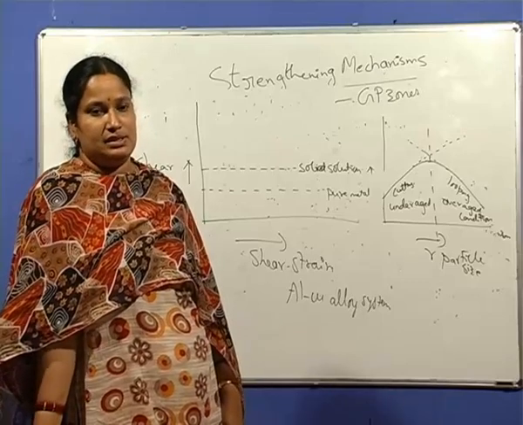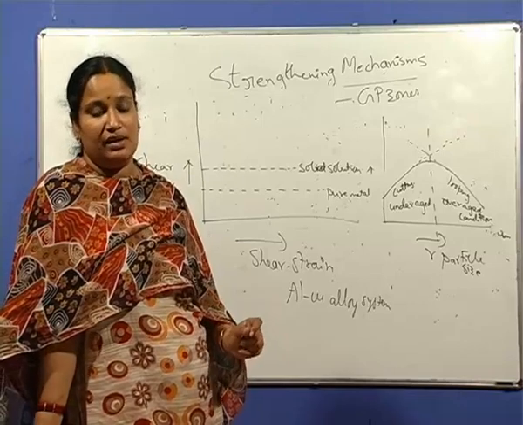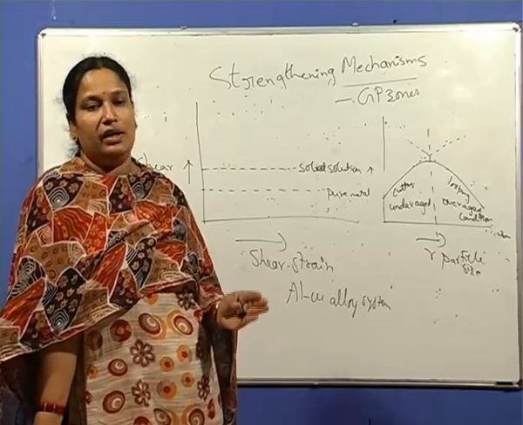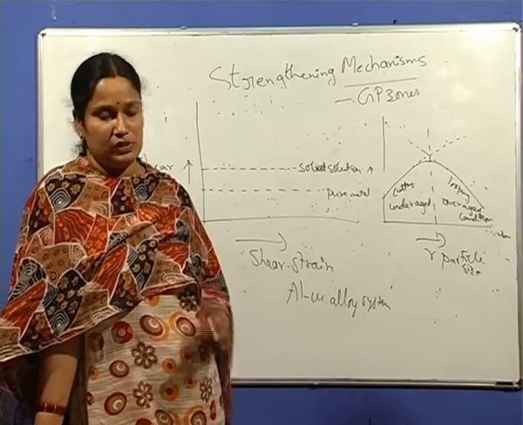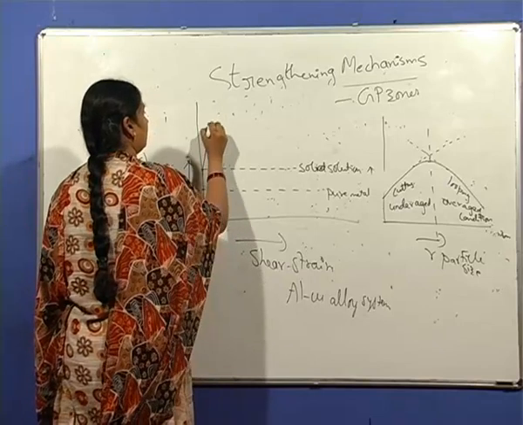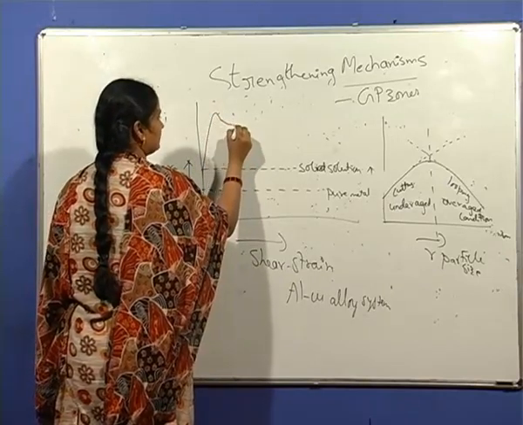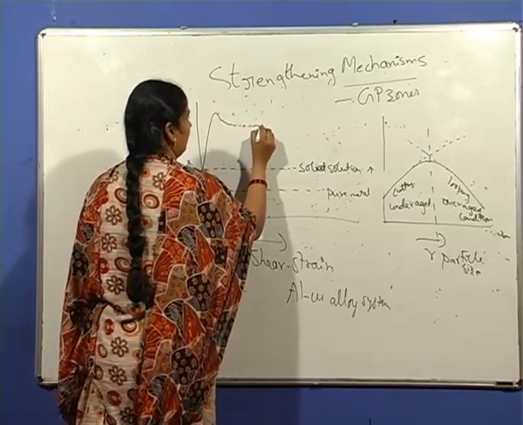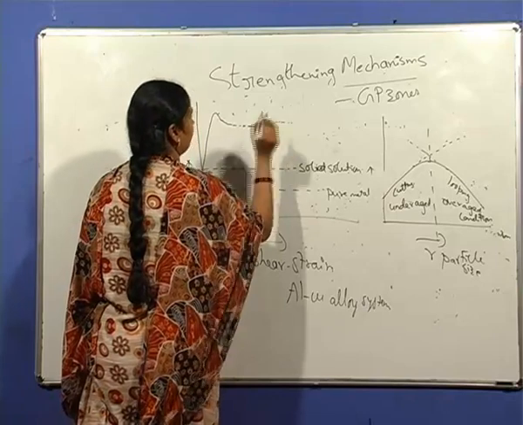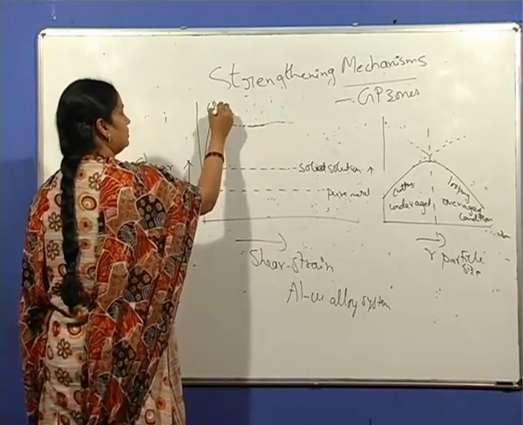The next is the formation of the GP zones, GP1 and GP2 zones. When the alloy is aged to form the GP zones, an increase in yield strength occurs, along with a slight yield drop and a low amount of strain hardening.